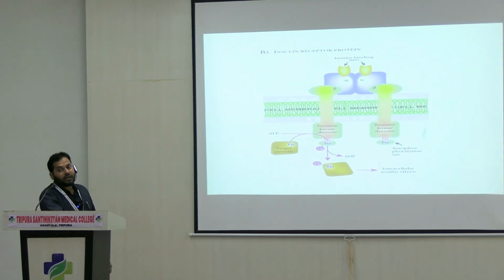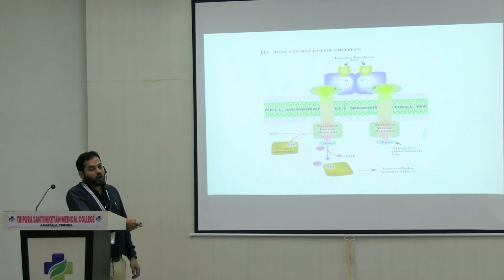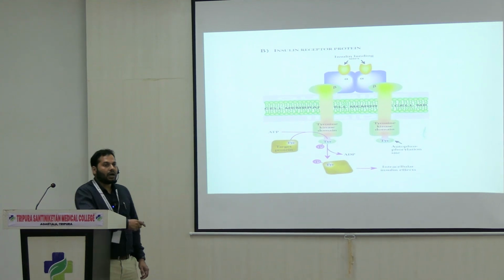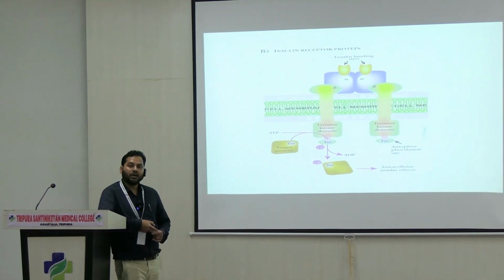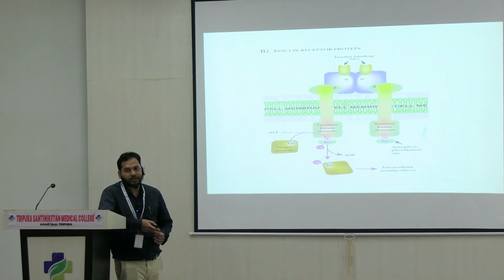Now, as I mentioned, this is very specific, and this autophosphorylation basically depends on the proper binding of insulin hormones, right? Once insulin hormone binds, it undergoes two different signaling cascades, right? What are these two different signaling cascades?